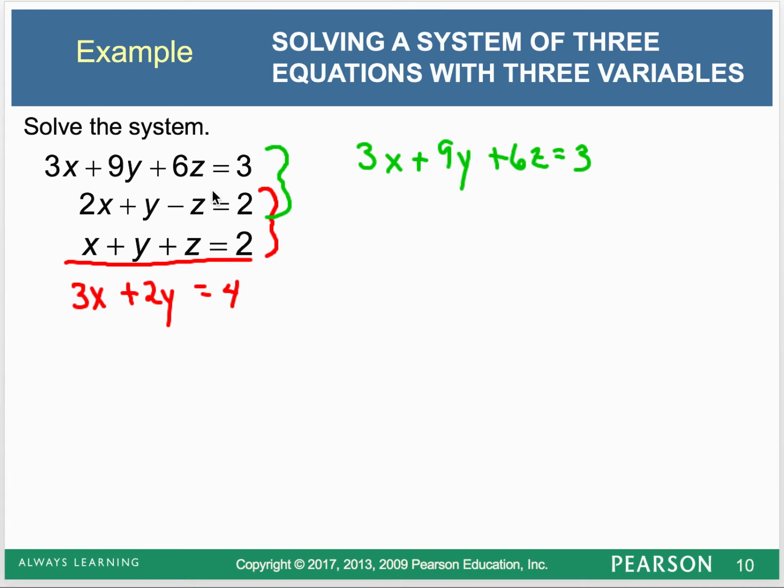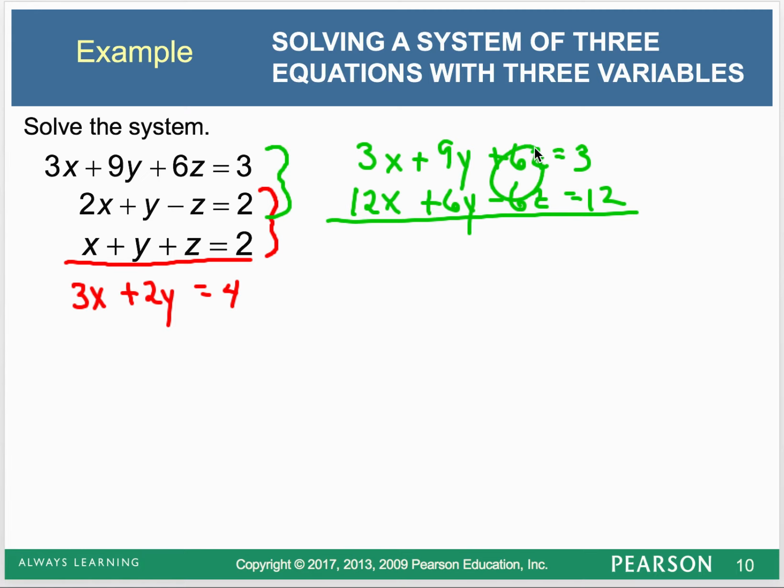A mistake a lot of people make is when they do this, they eliminate maybe the z here and the y here. They're just not paying attention to what they're doing, and then they're stuck. Right? You got to eliminate the same variable. So multiplying this whole equation by 6, we would get 12x plus 6y minus 6z equals 12.